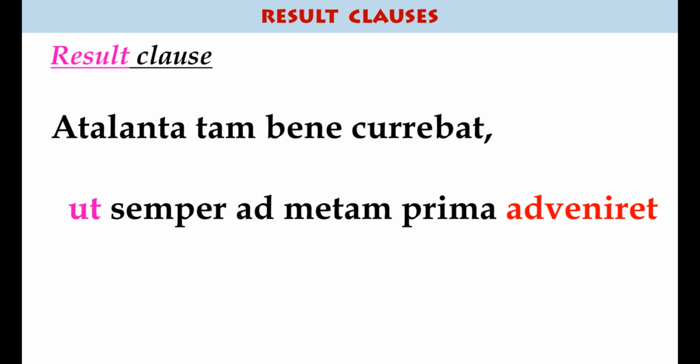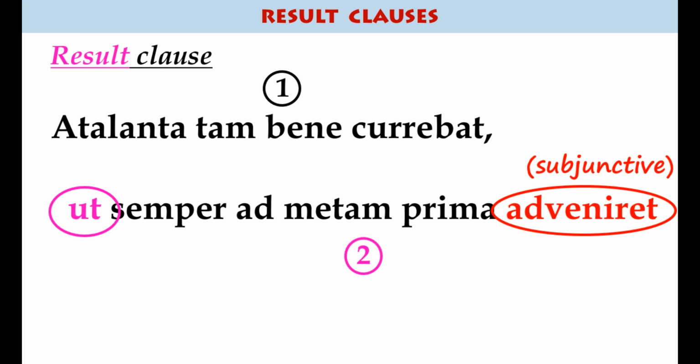And here is the sentence in full, and as you can see, it looks very similar to the purpose clause that we saw before. It's in two halves, separated possibly by a comma, but not always. The second half looks as if it's beginning with the word ut, there it is, and at the end it has a subjunctive.